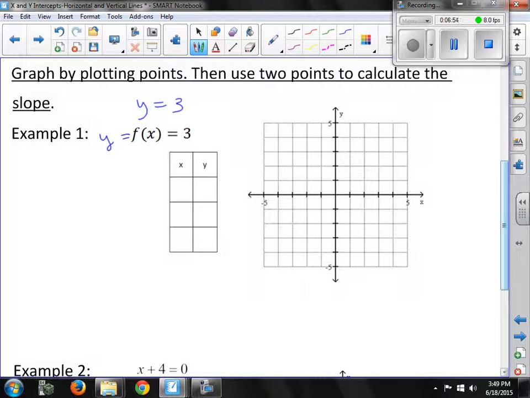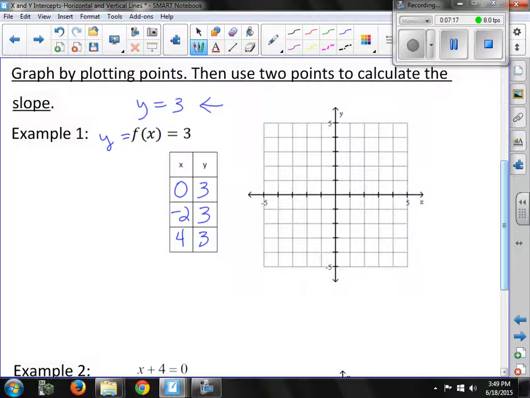Notice my x variable is missing, but let's find some points. I'm making these x values up. What if x is 0? What does my equation say? Y is 3. What if x is negative 2? Y is 3. What if x is 4? Y is 3.